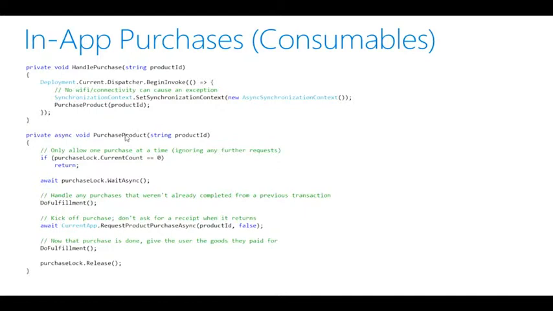For handling a purchase of the product, you can ignore some of this stuff. Like we used, I forget what mechanism it is, some kind of locking mechanism. I think it's a slim semaphore for that, but we're just keeping track. We only want one purchase to go through at a time. It's interesting.